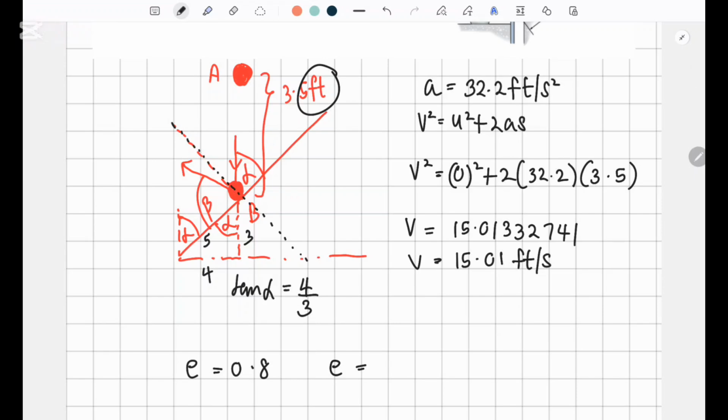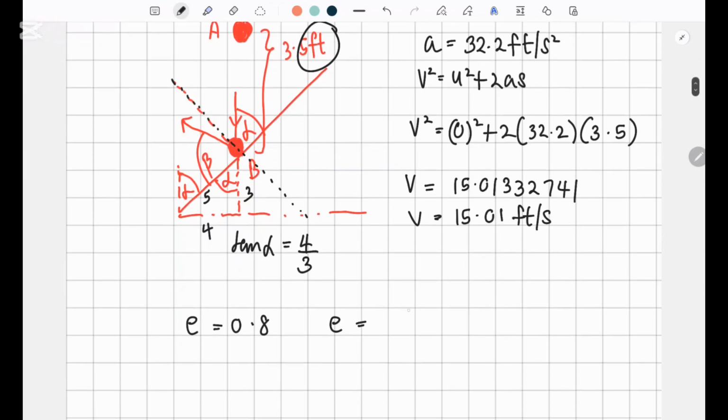Since it's just one particle, it's the final velocity over the initial velocity, and we need to resolve the speeds onto this axis.